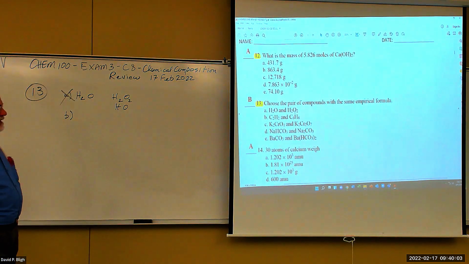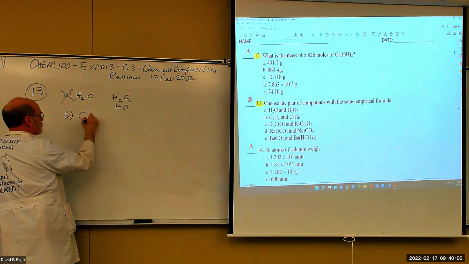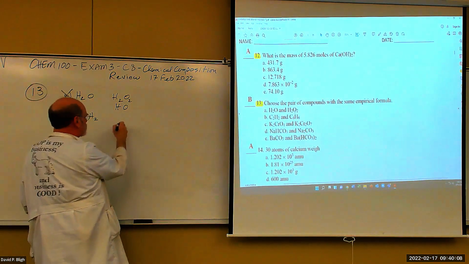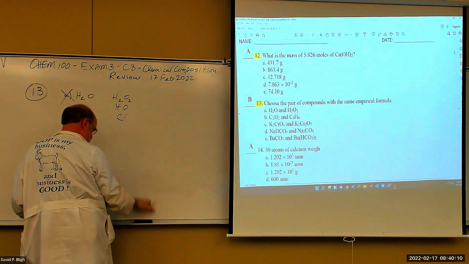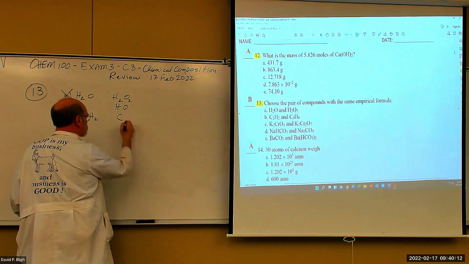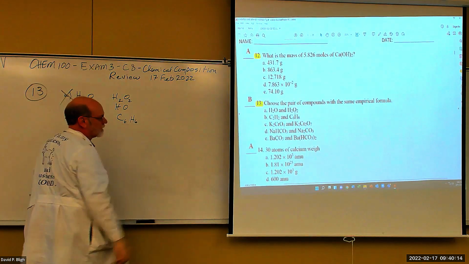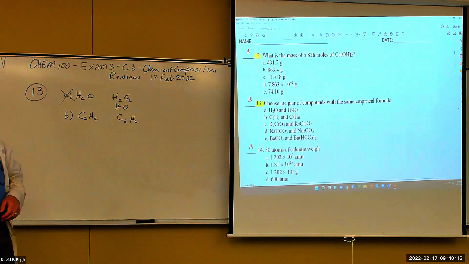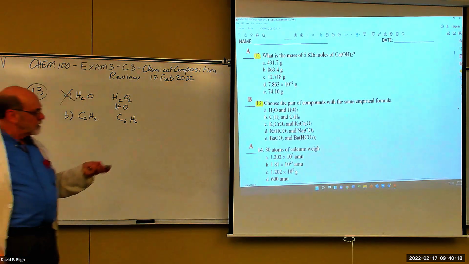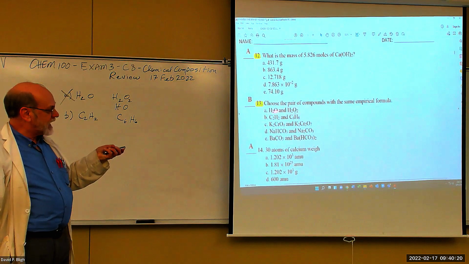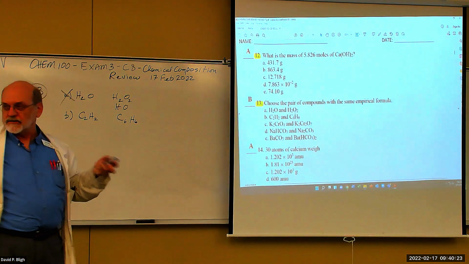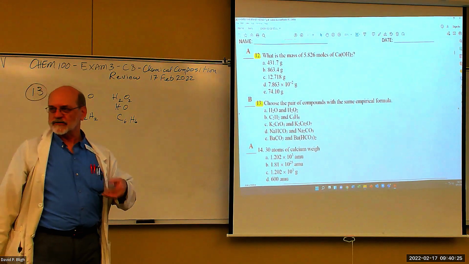How about B? C2H2 and C6H6. And notice that you have unique answers for every one. This is a test-taking technique for multiple choice.